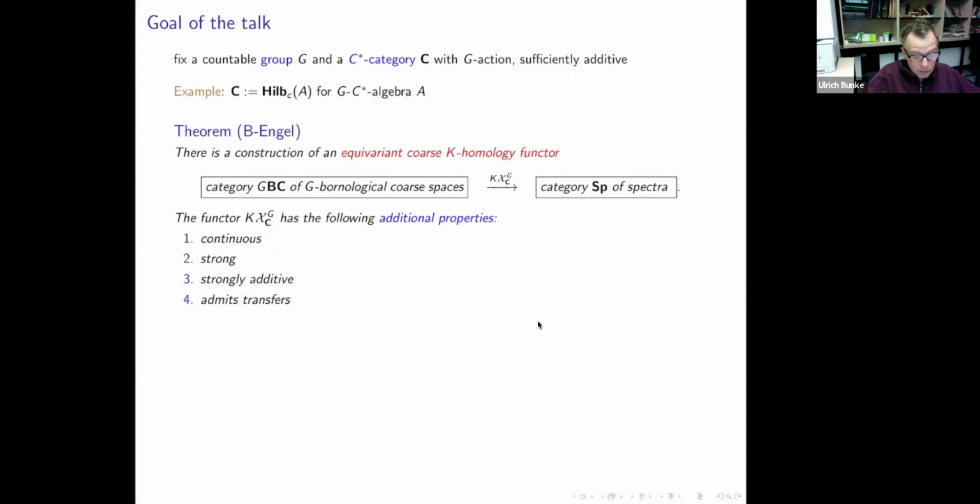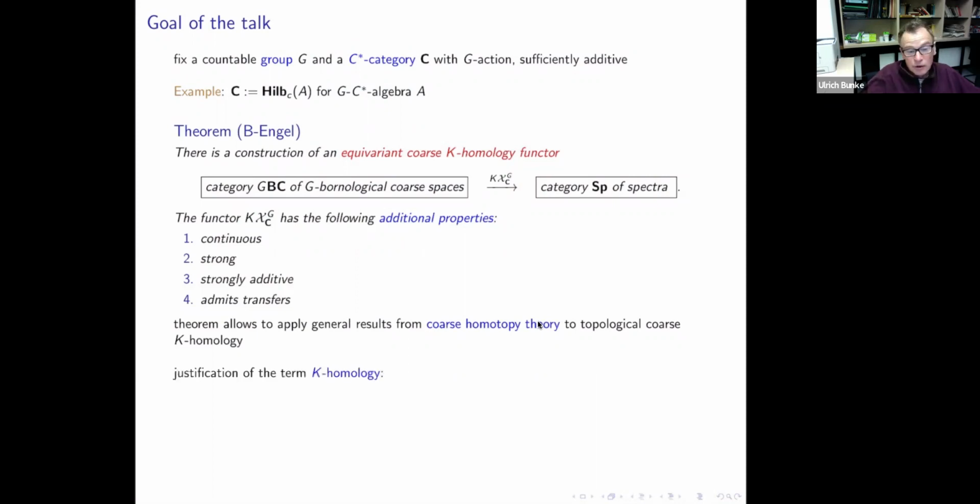So this construction allows us to apply some general results from coarse homotopy theory, which are not specifically proven for K-theory but for arbitrary coarse homology theories, to the special case of coarse K-homology. And on the next two slides, I want to explain two of such results which can be specialized to coarse K-homology.